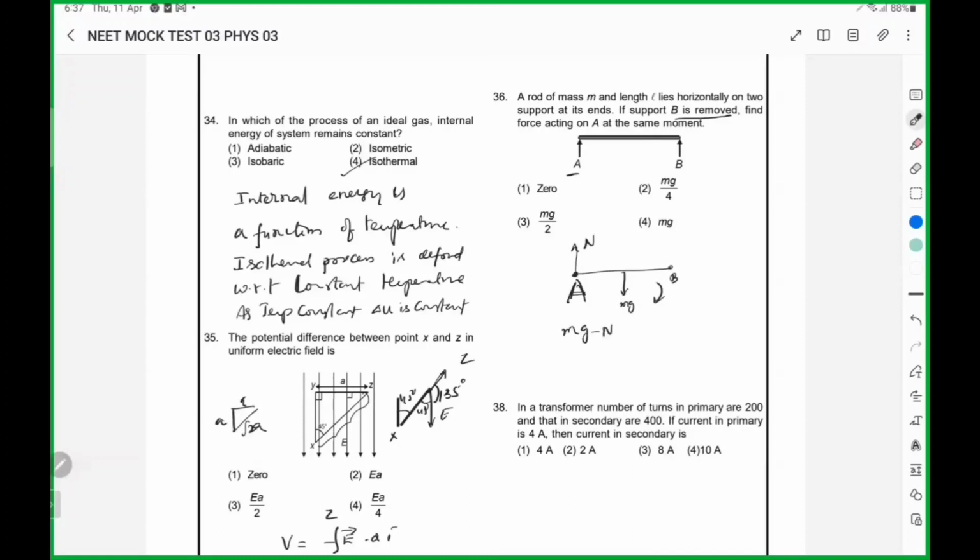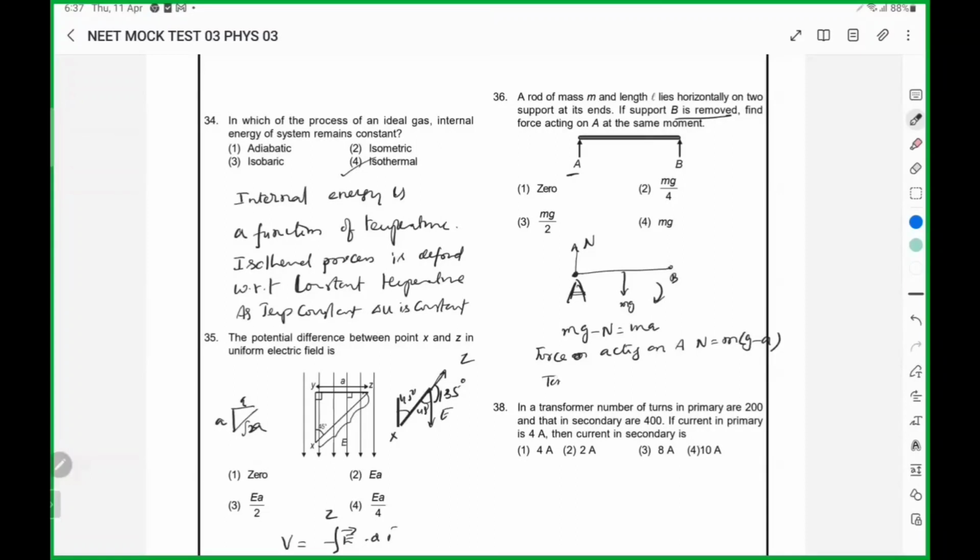So mg minus N is equal to ma. So what is the force acting on A? The force acting on A is N, which is m times g minus a. How do we calculate that acceleration? It rotates because of this weight in the clockwise direction.